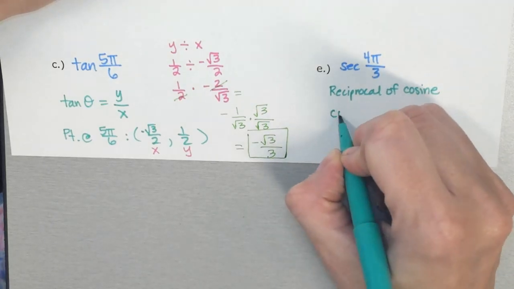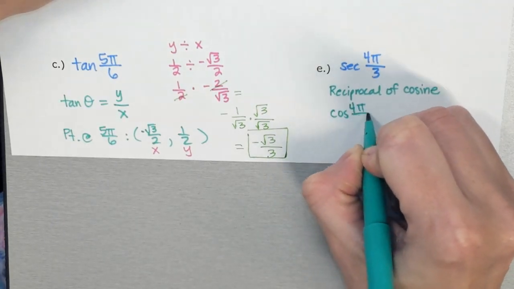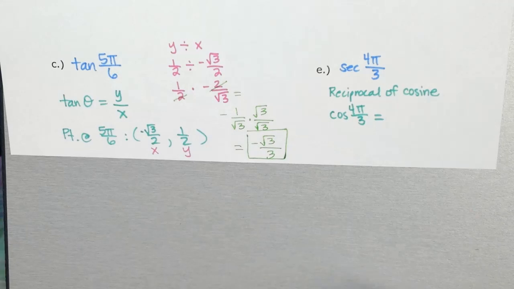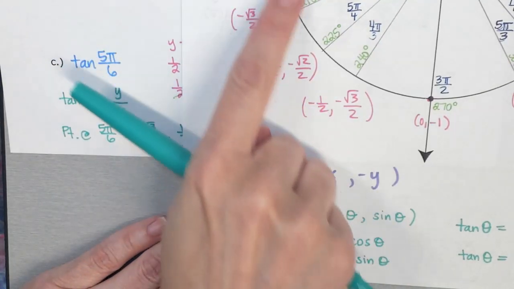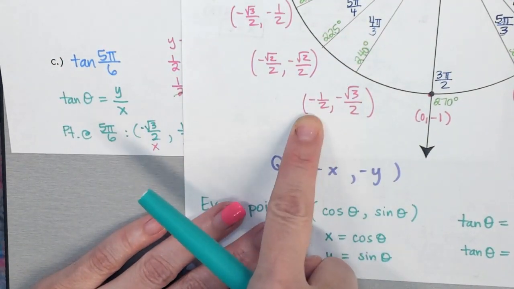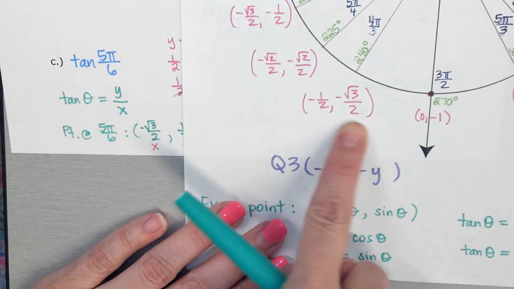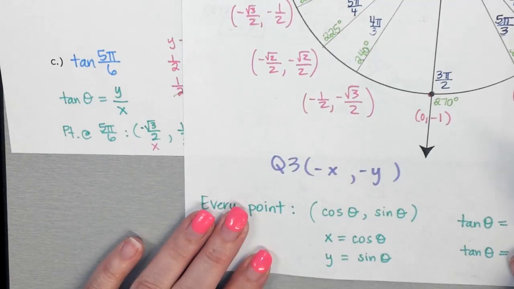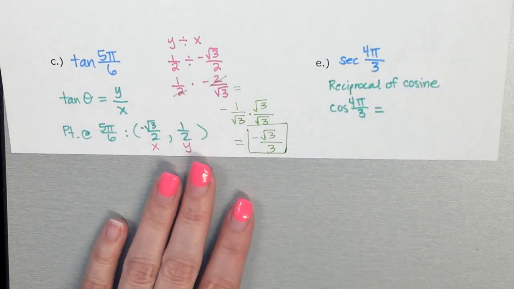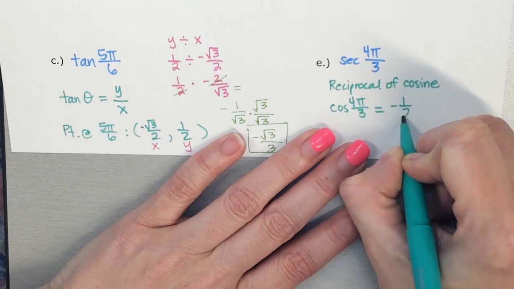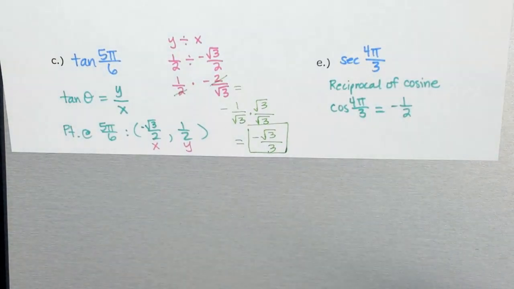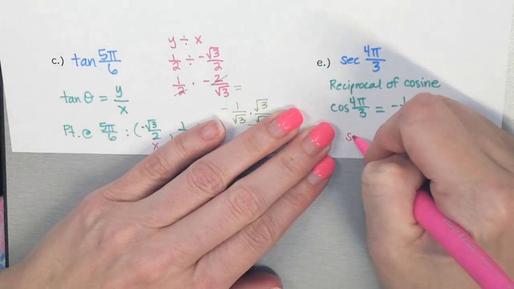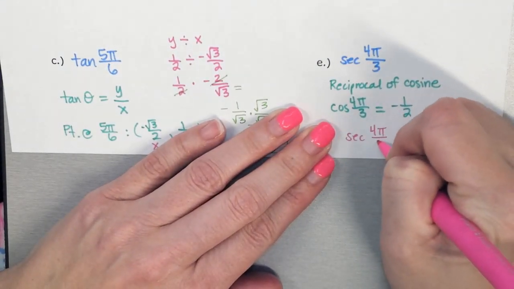The cosine at 4 pi over 3, we'll find that on our unit circle. 4 over 3 is bigger than 1, so at 4 pi over 3, which one's your cosine, your x or your y? The x. So the cosine is negative 1/2. To find the secant, all you do is flip it. So the secant of 4 pi over 3 is going to be what?